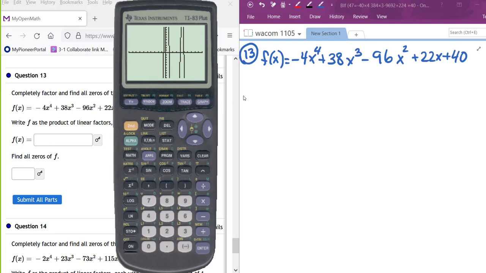This is the one I changed the scale on a little bit just so I could see this clearer. So I'm going to change the window. I want to see x min to -3, and for x max, let's just go to 8.